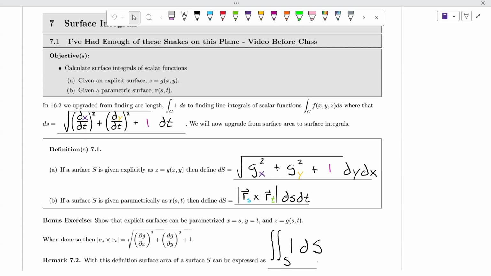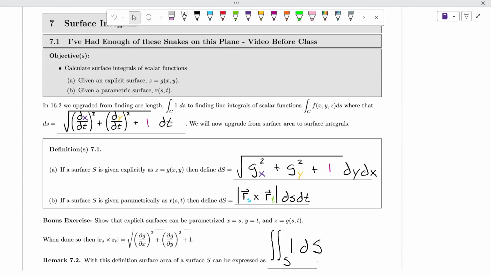And it looks very, very similar. It's the x partial squared plus the y partial squared plus the z partial squared. Again, the z partial is going to be 1, since the derivative of z with respect to itself should be 1. So 1 squared still classically is 1. And then we'll put a dy dx in the end there.